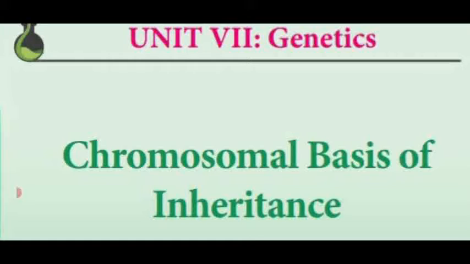In this video, we are going to see the diagrammatic representation of complete linkage in male Drosophila, incomplete linkage in maize plant, linkage group, crossing over and its significance, mechanism of crossing over, then genetic mapping, map distance, significance of genetic mapping.